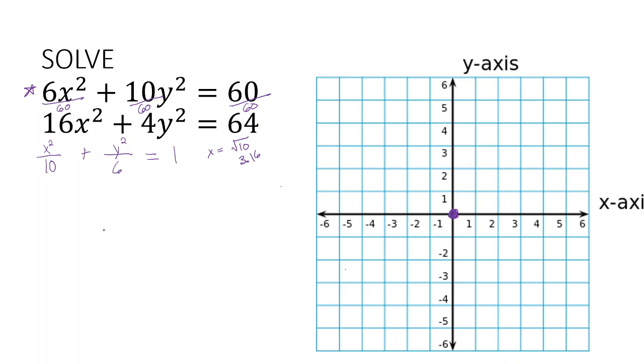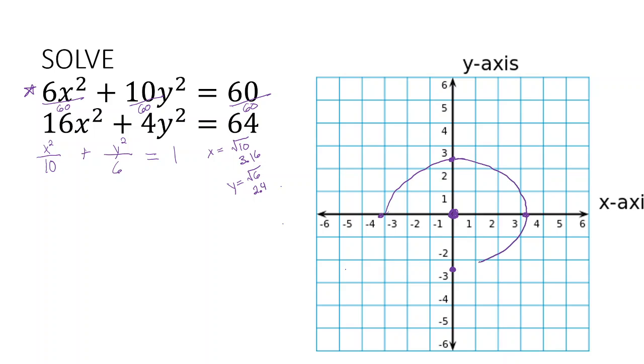And then let's do this for the y. The minor axis equals the square root of 6, which is about 2.4. So if I go in the y direction, up 2.4 and down 2.4, and in the x, 3.1 and 3.1, then I have my ellipse.